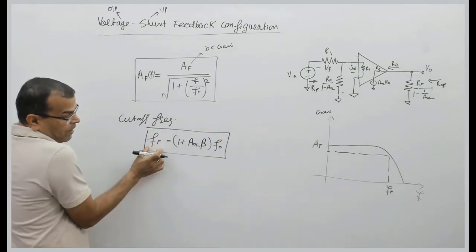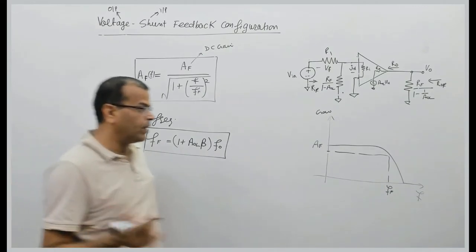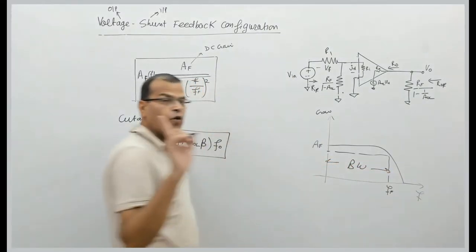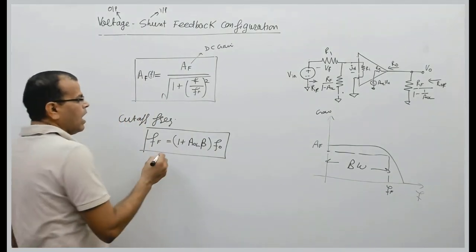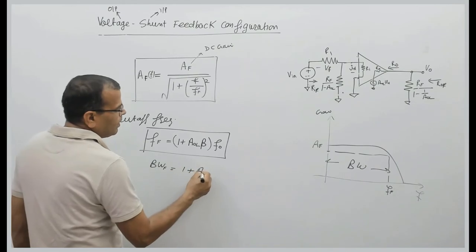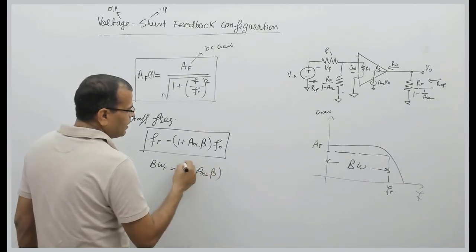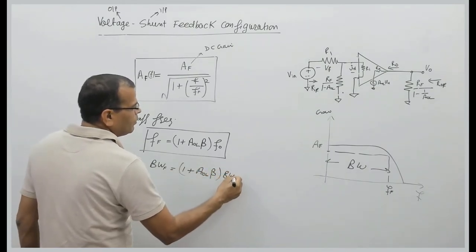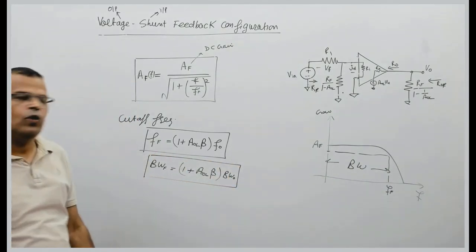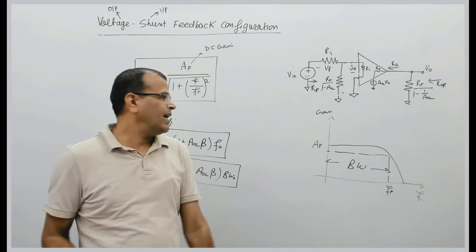So the bandwidth or cutoff frequency is same for op-amp. That is what I'm trying to say. And therefore, bandwidth with feedback is equal to 1 plus AOL into beta multiplied by bandwidth without feedback. I hope you can understand that.